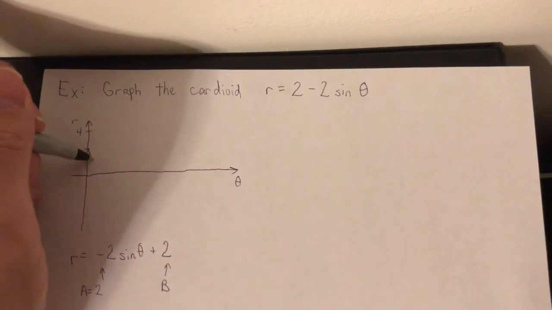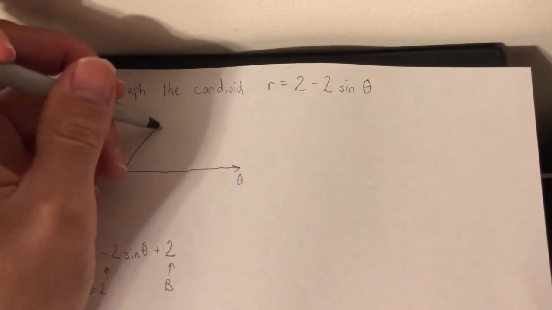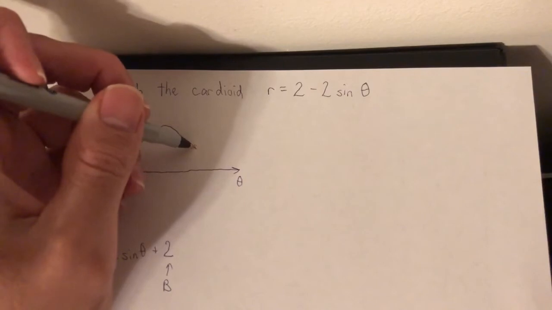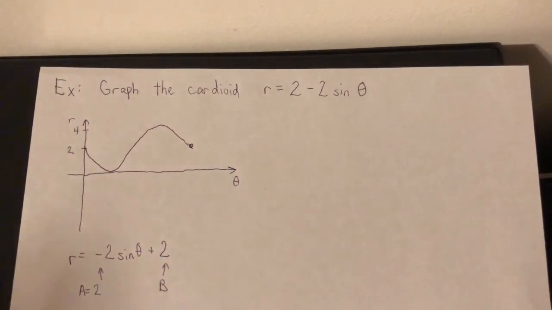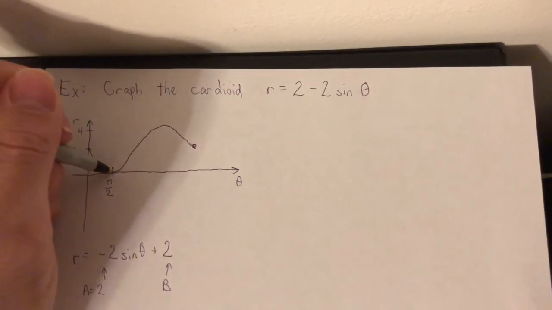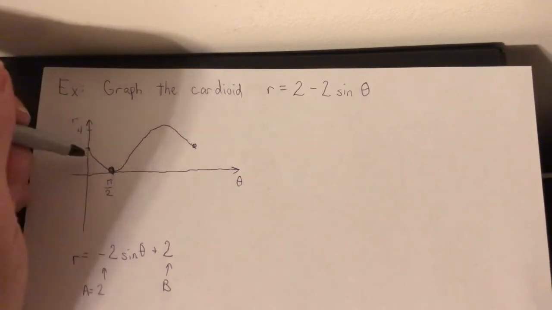So I'm not going to go over the details of really graphing this out. I'm just going to take it for granted that you can do this from the section on sinusoids from chapter 10. So you've got pi over 2 here. This is going to be pi over 2, 0.